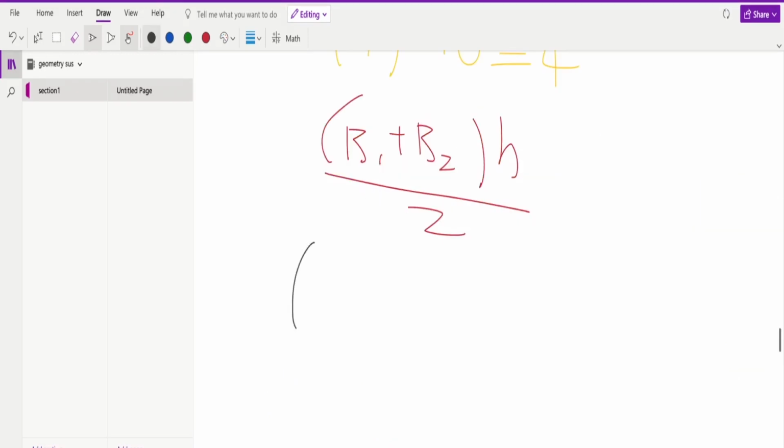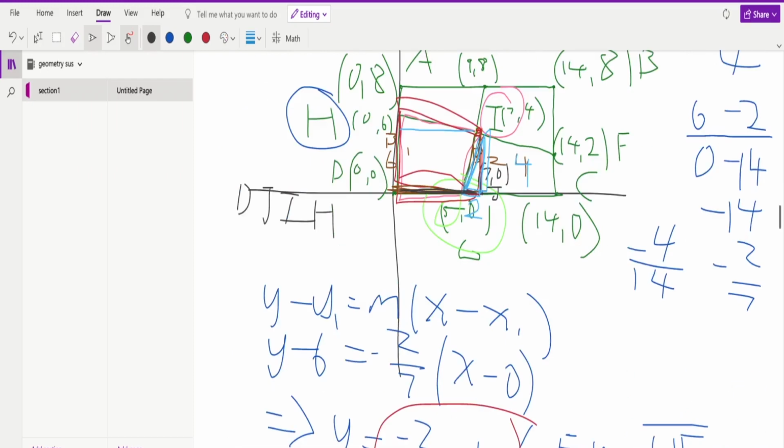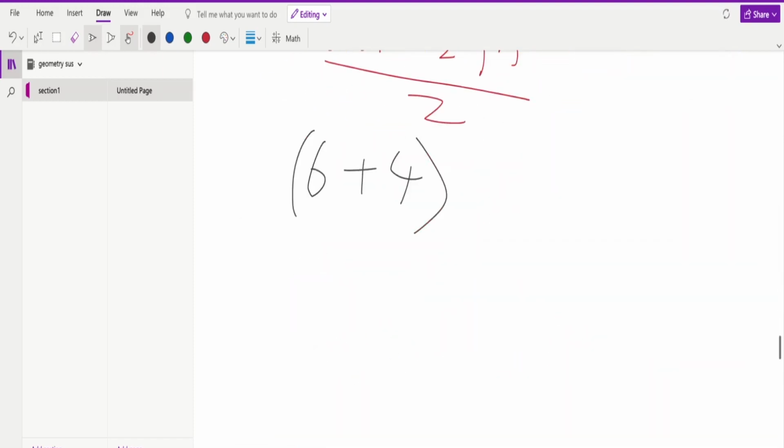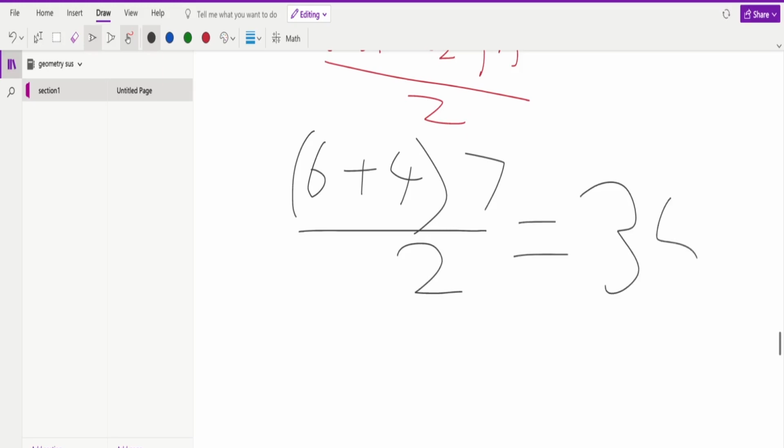So we plug that into our equation here, 6 plus 4, and we multiply that by our height, which if we scroll up here is 7, since this middle part is 7, 0, and this line right here is 7 long, so we will multiply by 7 and then divide by 2, and this will come out to 35.